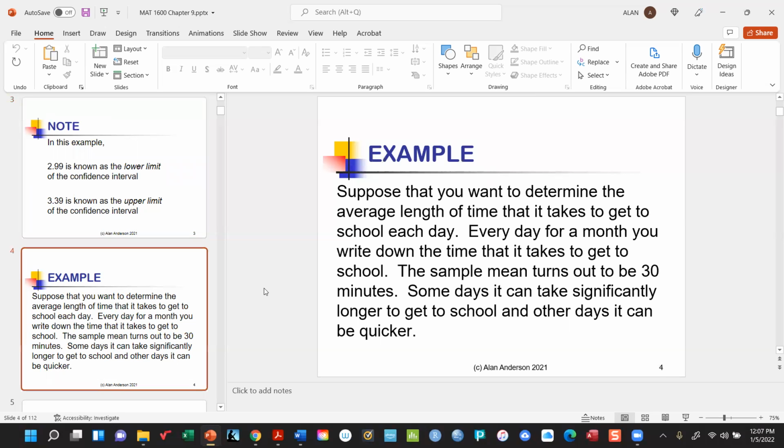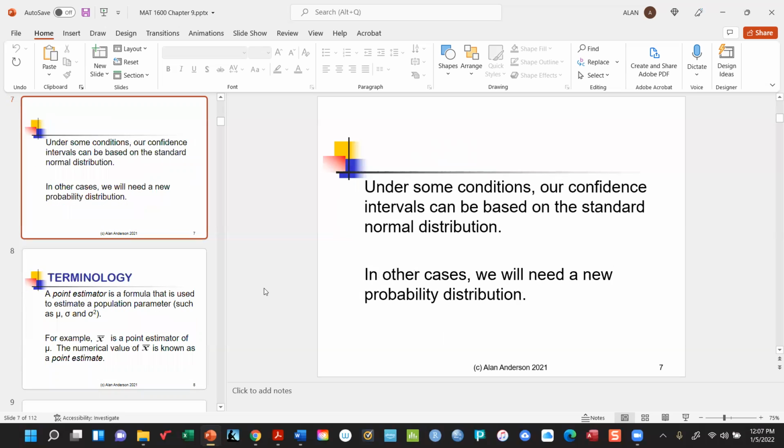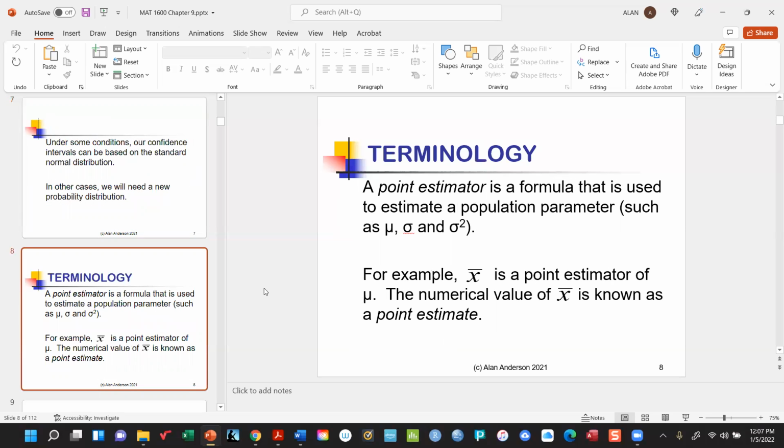Okay, sorry, so let's jump ahead a little bit here. In statistics, we use what are called estimators. This is just terminology. You don't really need to memorize this. I won't ask about it on the test, but an estimator is a formula that is used to calculate or estimate a population parameter.